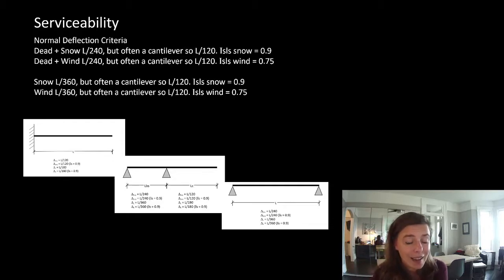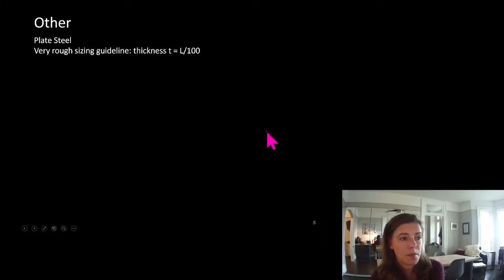That said, people looking at something deflecting in a big snowstorm makes them uncomfortable. So talking with the architect, or for me talking to you, it would be important to convey what that criteria is and make sure that the owner understood as well.